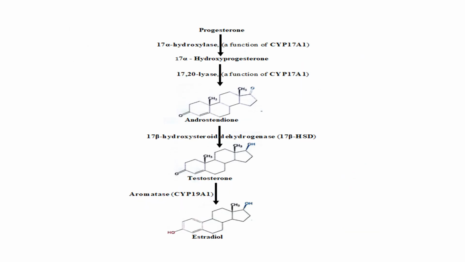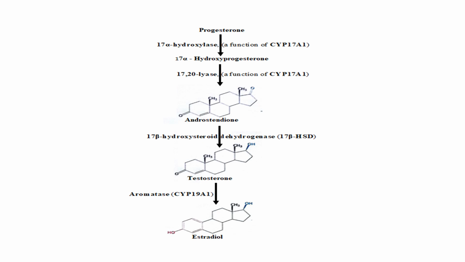For the synthesis of testosterone and estradiol, the pathway progresses from cholesterol to pregnenolone, from pregnenolone to testosterone, then from there to 7-hydroxyprogesterone to androstenedione.